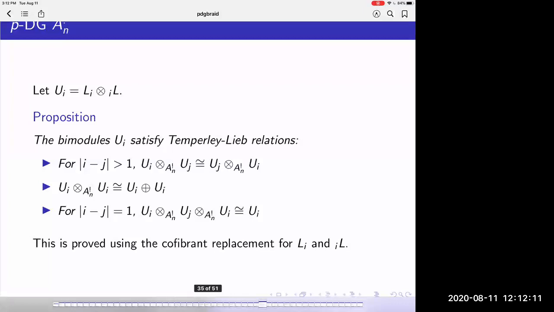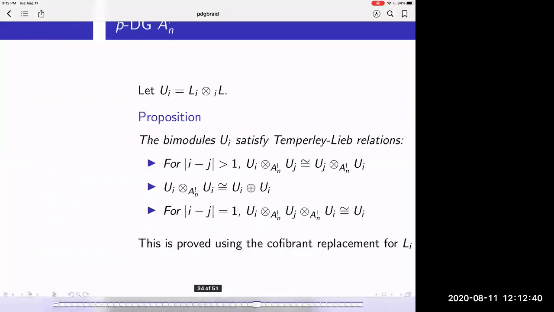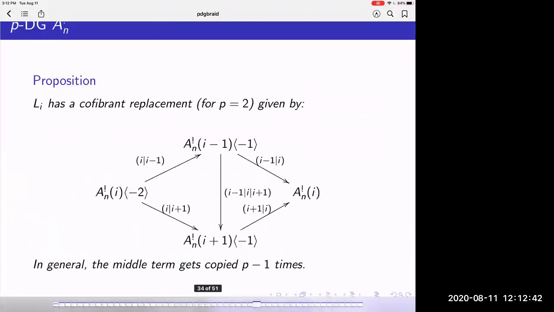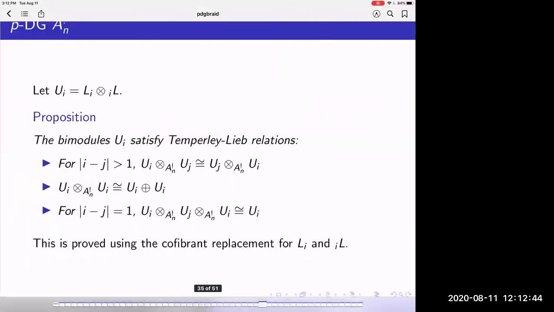If i and j are far apart, U_i tensor U_j is the same as U_j tensor U_i. U_i tensored with itself produces two copies of U_i, and again I'm ignoring some grading shifts: there are internal grading shifts and homological grading shifts coming into the story. If i and j are adjacent, you have the Temperley-Lieb relation that U_i U_j U_i is isomorphic to U_i. Using these resolutions, or these cofibrant replacements, this is how you prove these Temperley-Lieb relations.